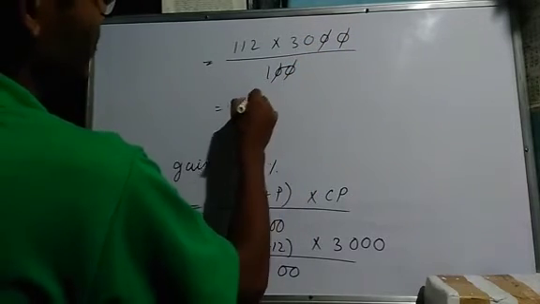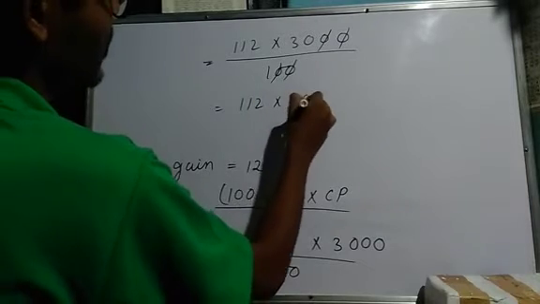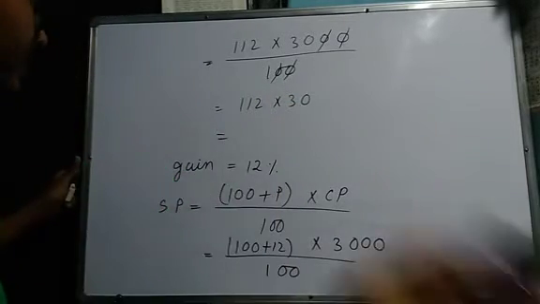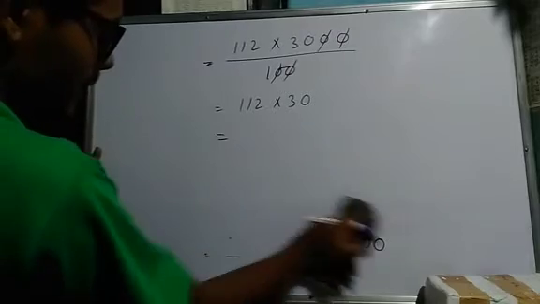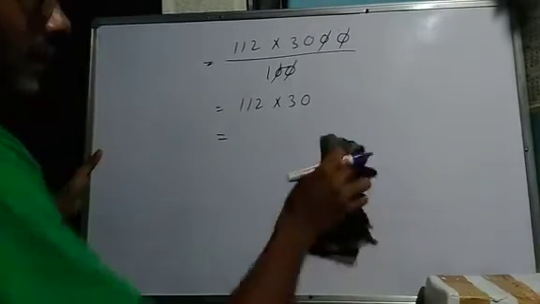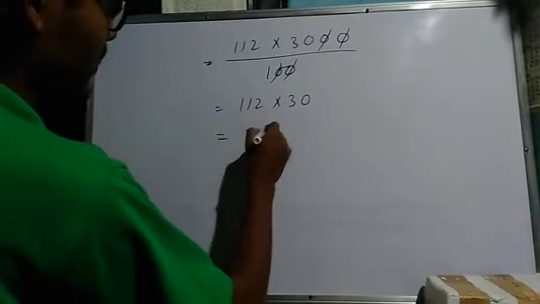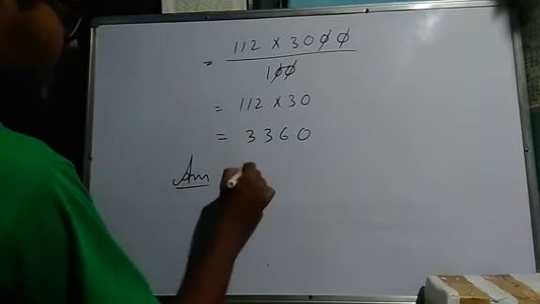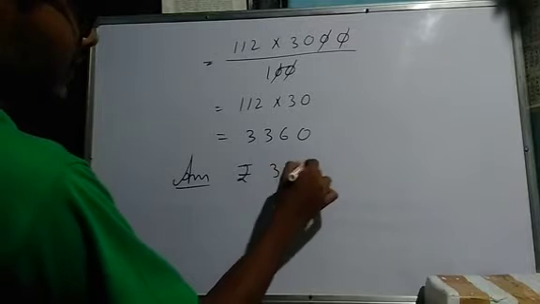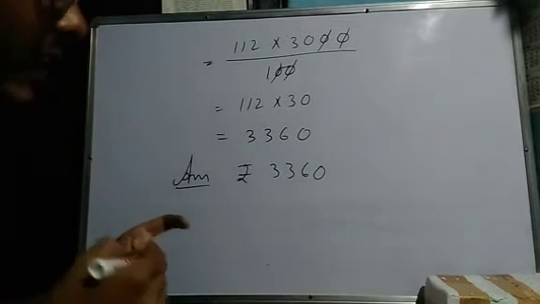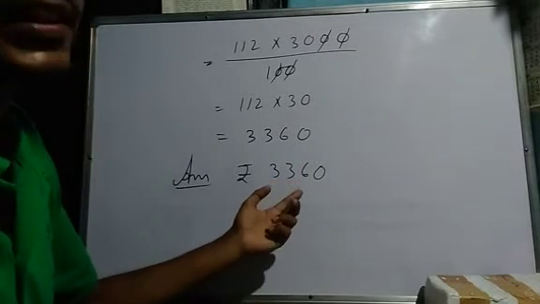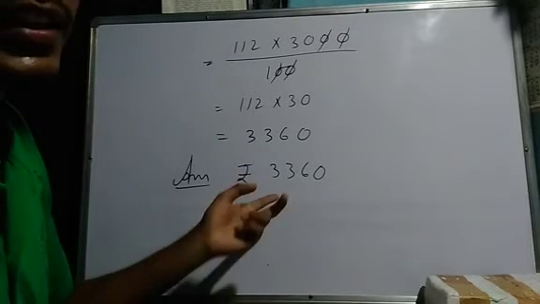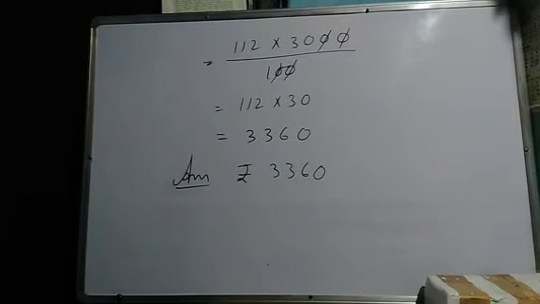So 112 multiplied by 30, how much? So this is your answer, 3360 rupees. At this price, 3360, the product should be sold to get 12% profit.